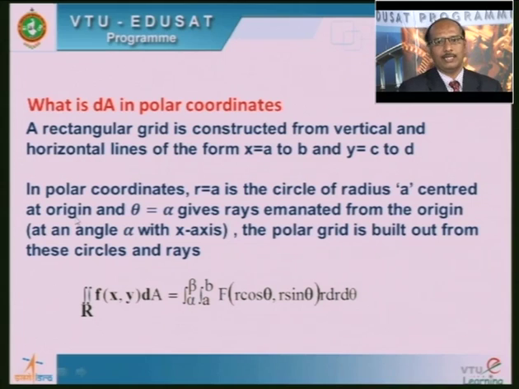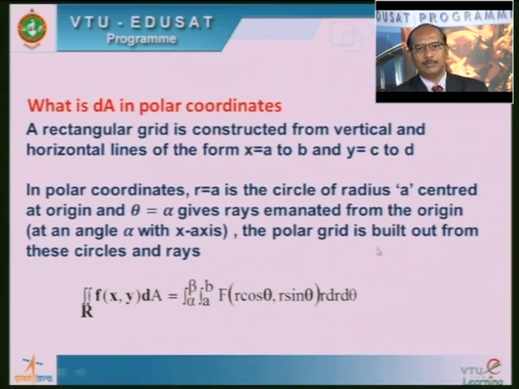So, in polar coordinates, a circle x square plus y square equal to a square is denoted as r equal to a. a stands for the radius of the circle, and theta equal to alpha is an angle, a ray emanating from the origin with the x axis. So, the polar grid is built out from these circles and rays. So, the Cartesian is converted to r dr d theta.